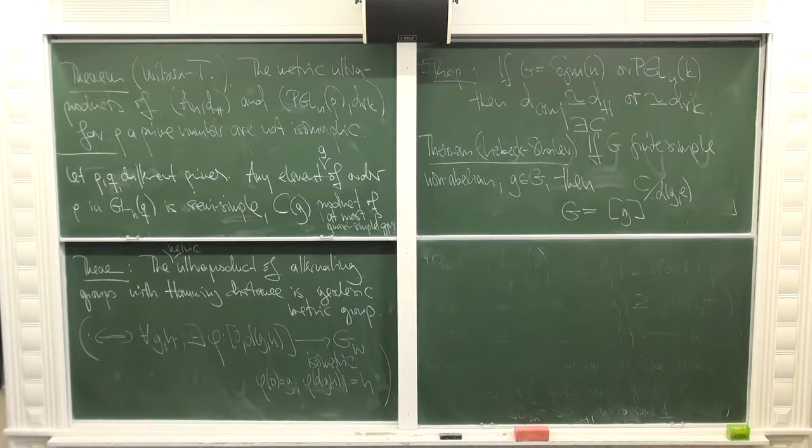Because it's probably difficult to set yourself a project to construct a non-sofic group, it's maybe easier to work on some more tractable problem in the same area, so that you could understand these groups, which play this crucial role here, better. Maybe one day the geometry of these groups is understood well enough that we can use this information to produce a non-sofic group or not. Okay, so I think I'll stop here and thank you for the attention.